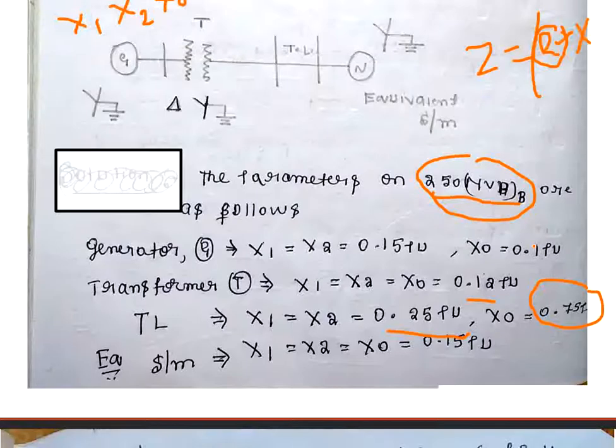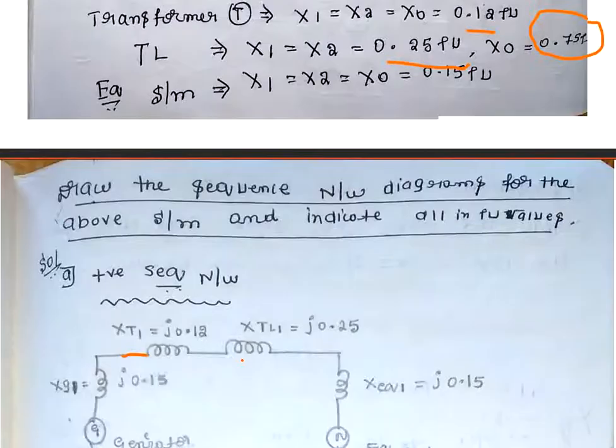So I need to draw a reactance diagram, or an impedance network. In the second chapter, what you have done is draw an impedance network for all the three phases combined. Now here we need to draw the positive sequence network, negative sequence network and zero sequence network individually. Let us go to the positive sequence network.